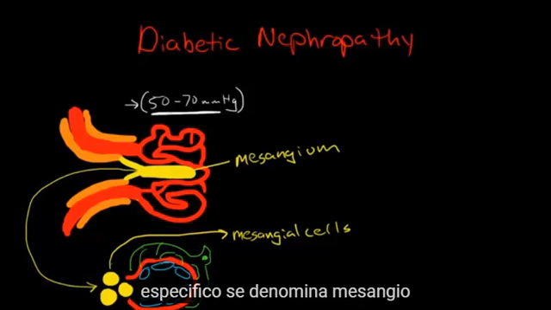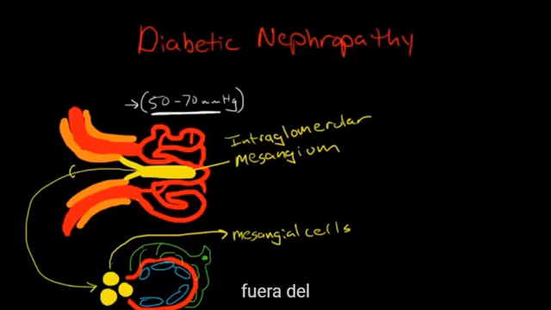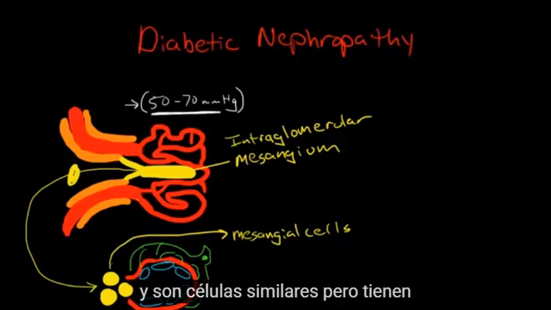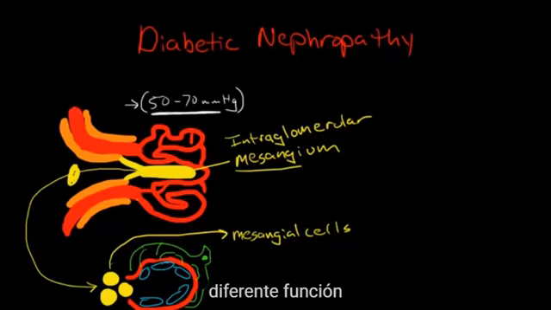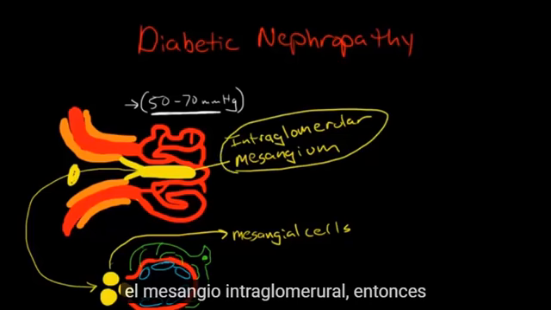Actually, to be more specific, this is called the intraglomerular mesangium, because there is another mesangium outside the glomerulus that is part of the juxtaglomerular apparatus. They're similar cells, but they have a different function. So we're talking here about the intraglomerular mesangium.